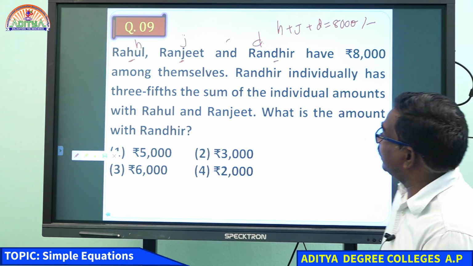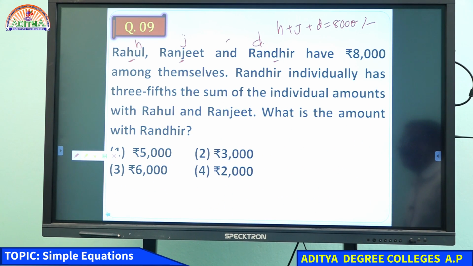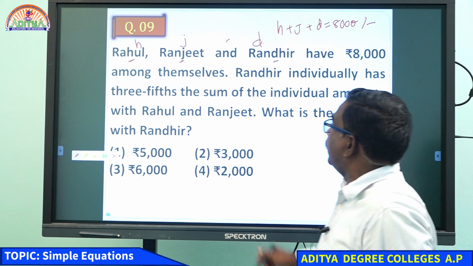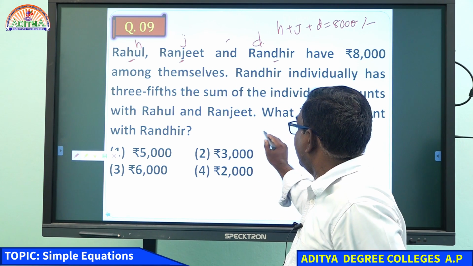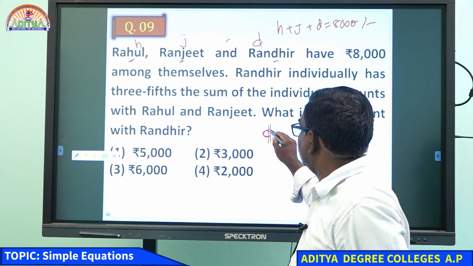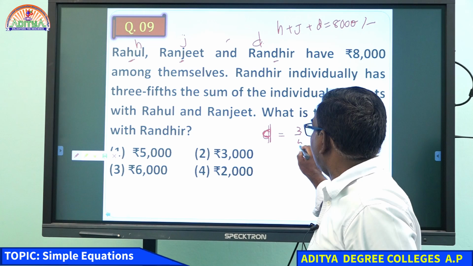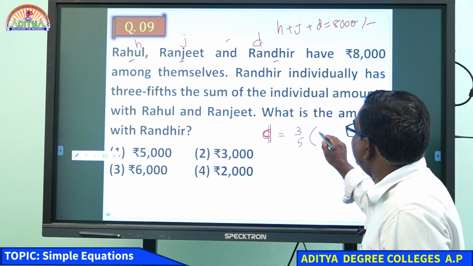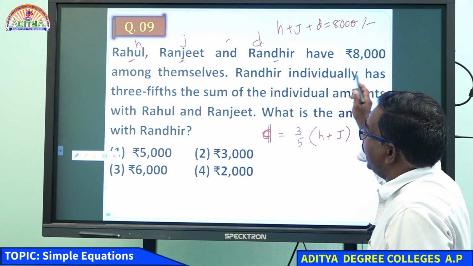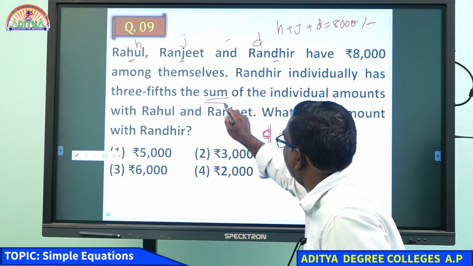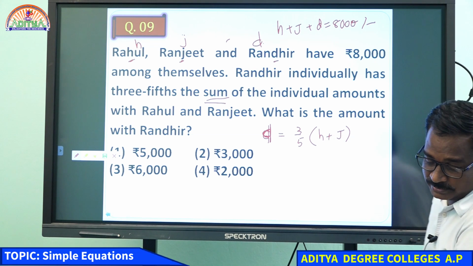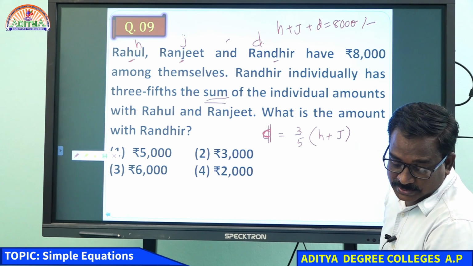What is the condition given there? Ranadhir individually has 3/5 of the sum of the remaining two. Ranadhir we have taken as D. So D equal to 3/5 of H plus J. That is the first condition given there.